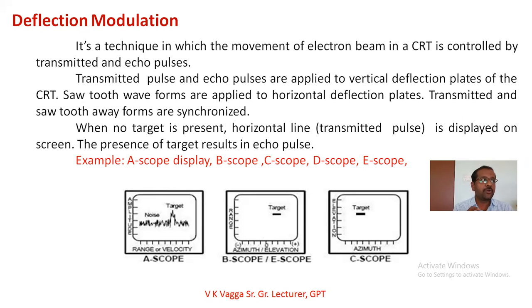According to that, it displays the electron beam on the screen, and it is visible as the signal. Understood? This is all about the deflection modulation.